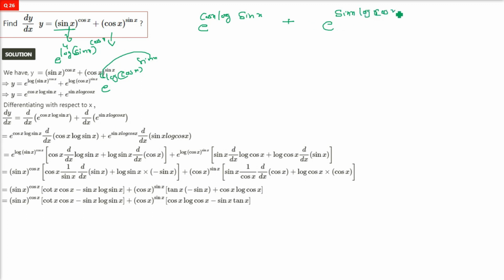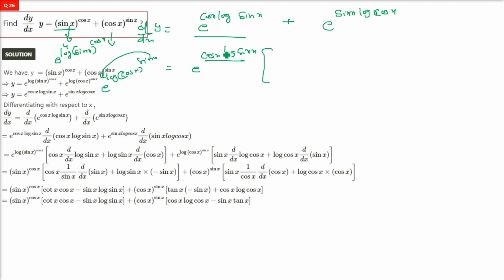Alright, now let us differentiate. e to the power anything will be e to the power that thing only, and then differentiation. So dy by dx we have to find. Let us differentiate: e to the power cos x log sin x, and then the differentiation of cos x log sin x, and we'll apply the product rule here.